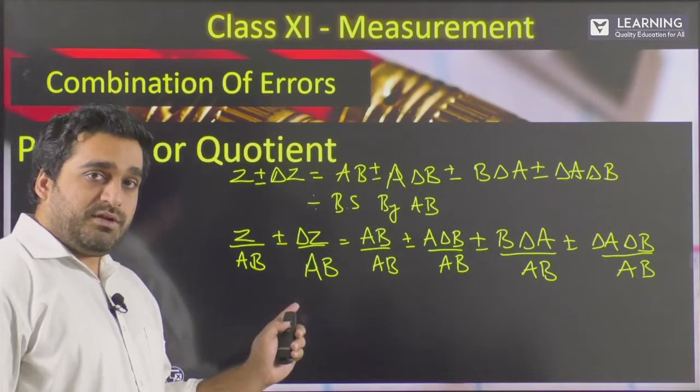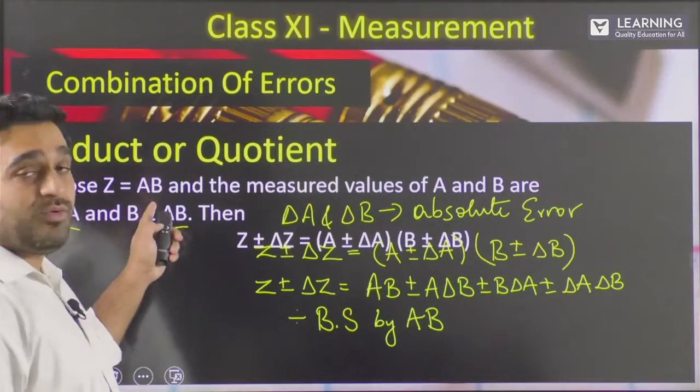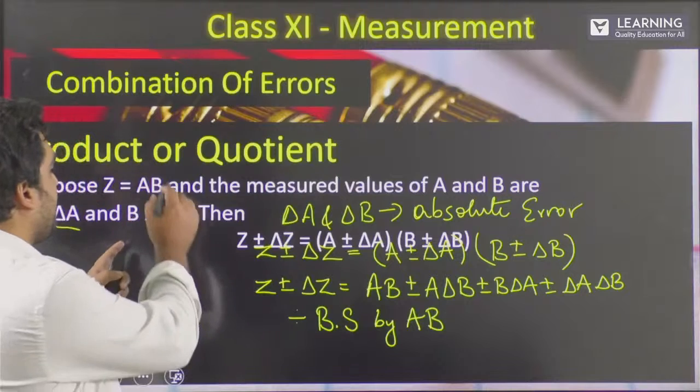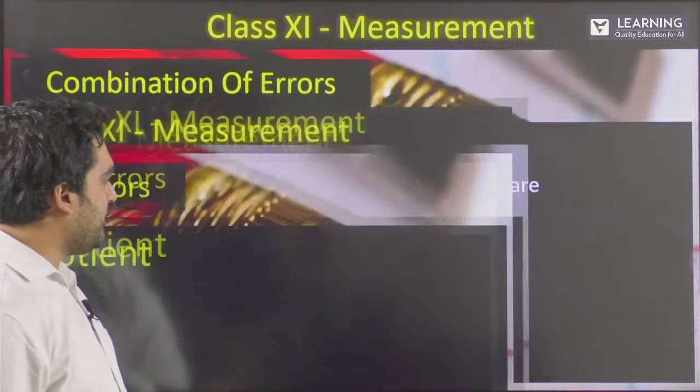Now, from the previous section, you will see that Z is equal to AB.